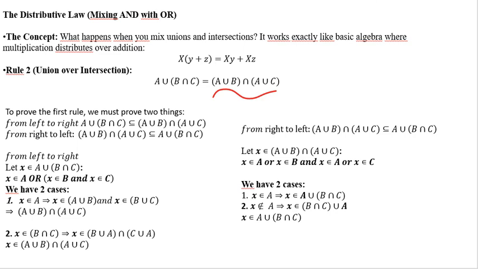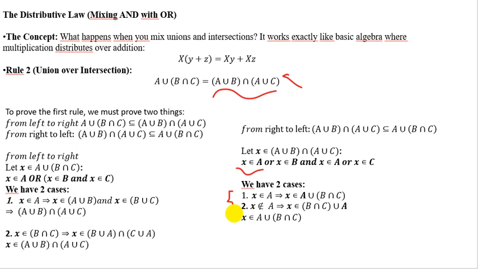It means X belongs to A or X belongs to B, and also X belongs to A or X belongs to C. Here we get again two cases, either X in A or X is not in A.